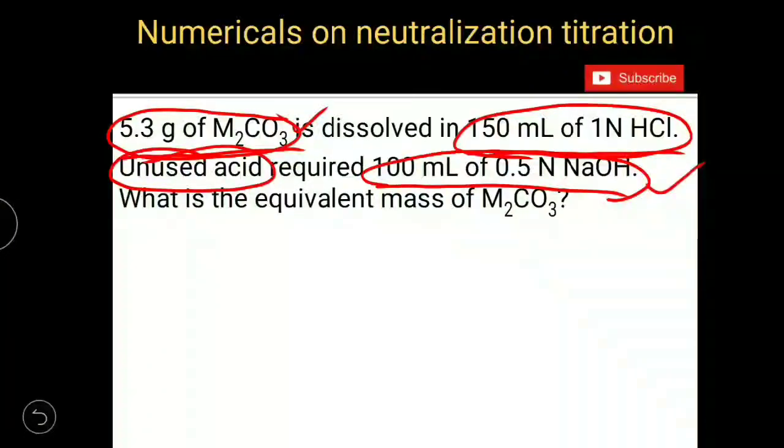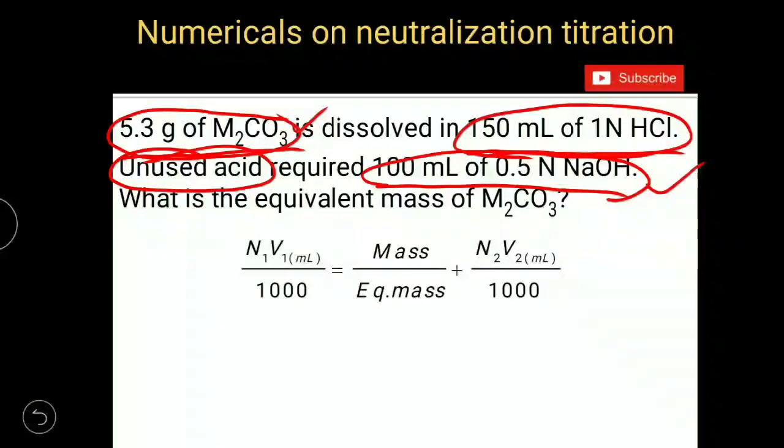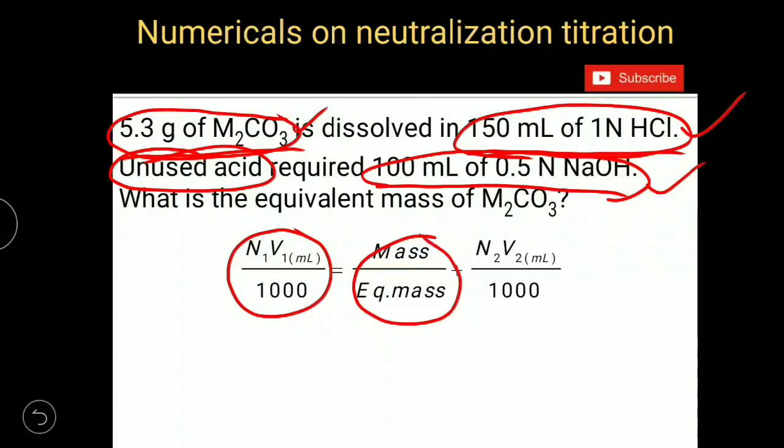So we can use the formula N1V1 by 1000 is equal to mass by equivalent mass plus N2V2 by 1000. Here N1V1 by 1000 will give you the number of equivalents of the HCl solution, and mass by equivalent mass will give you the number of gram equivalents of metal carbonate, as the mass of carbonate is mentioned here, and N2V2 by 1000 will give you the number of gram equivalents of the NaOH solution, as a solution is given here.